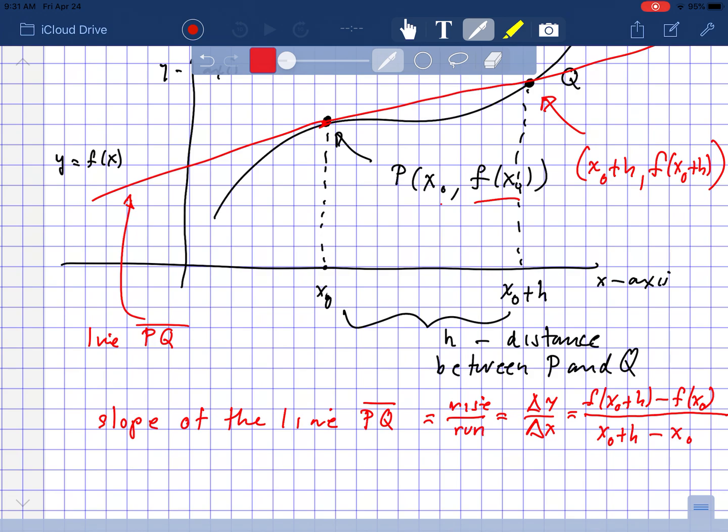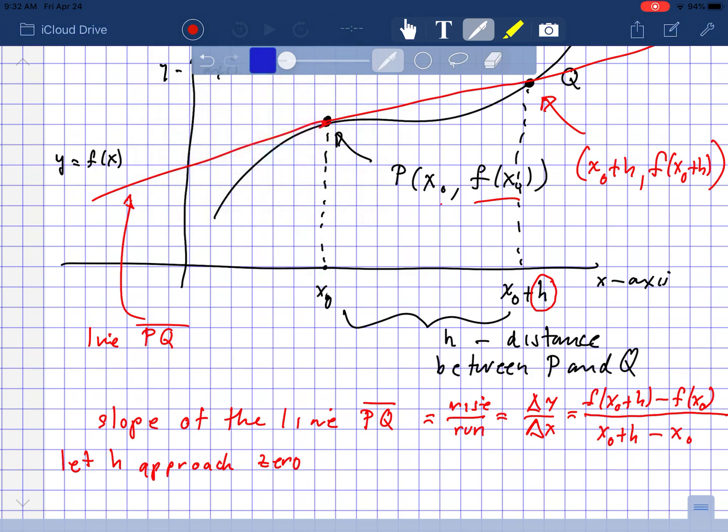Now what I'm going to do is this. So here's where what we've studied about limits comes into play. What I'm going to do is I'm going to let this h become smaller and smaller. So I'm going to let h actually approach 0. So what does that mean about the point Q? So as h approaches 0, this point Q is going to do what?